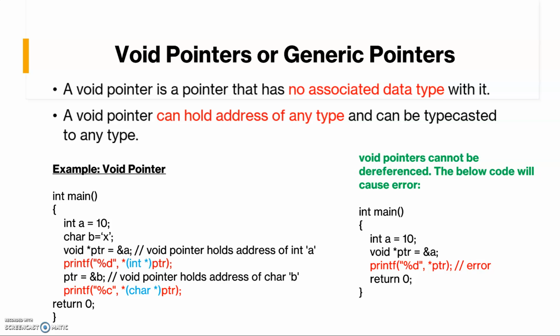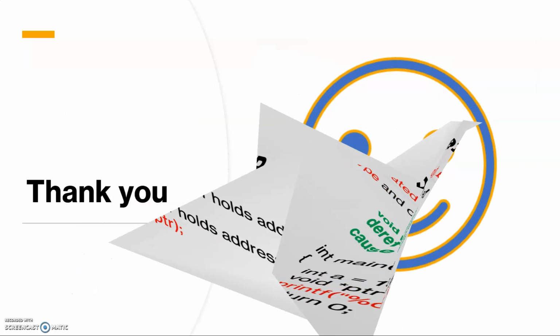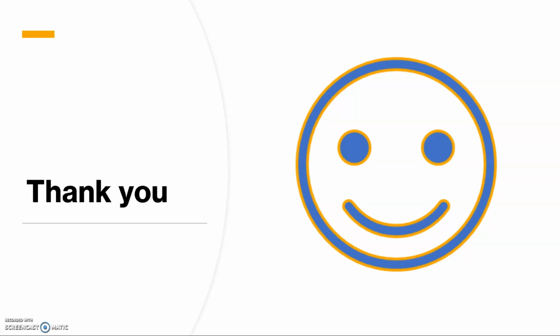I'll repeat once again. We have single pointer, we have double pointer, we have null pointer, and we have dangling pointer, and we have the last one, that is our void pointer, which is also called a generic pointer. I hope you all are clear with this concept.